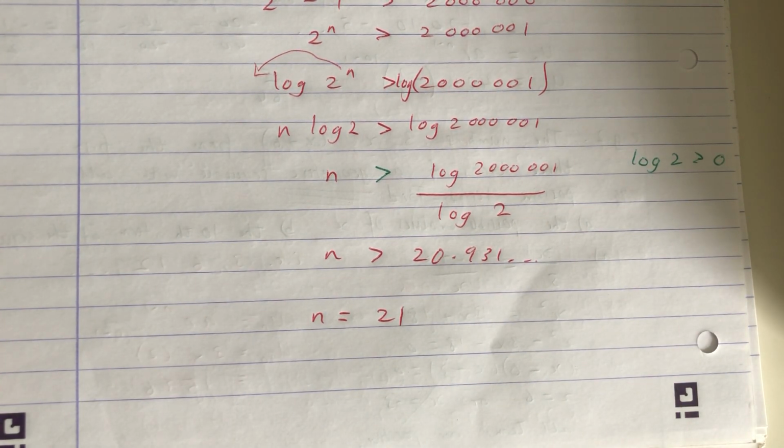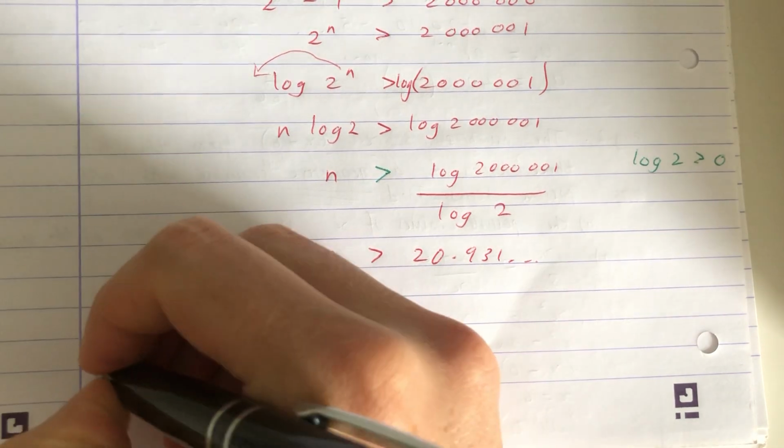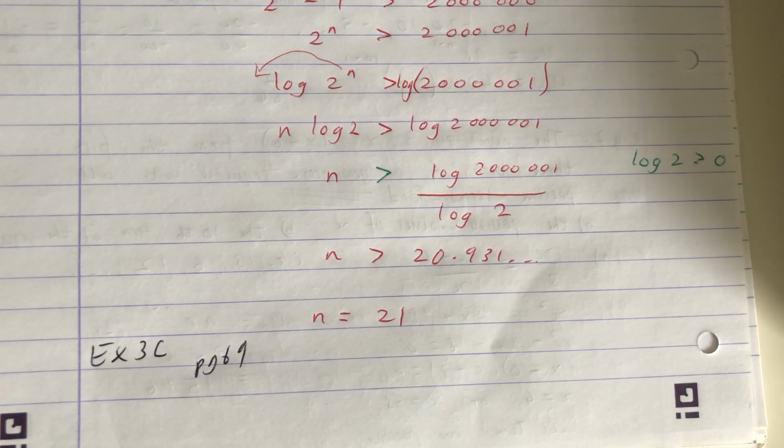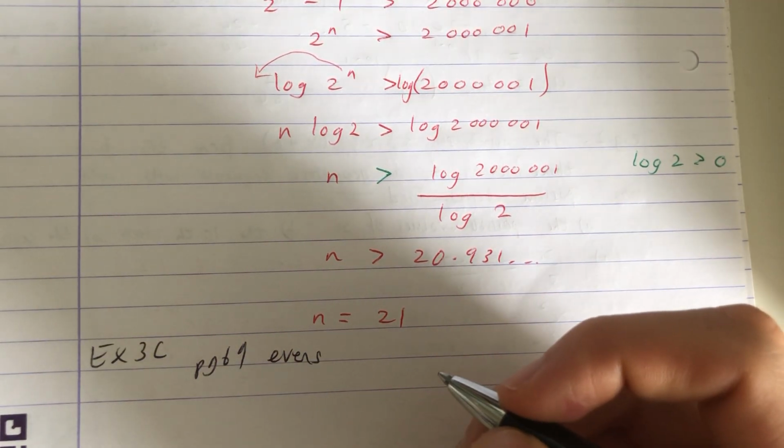Okay. Now the questions I would like you to complete, if I can find them quickly. It's going to be 2 exercises again. If you look at exercise 3C, which is on page 69, and if you do the evens, and for the questions where there's multiple parts, you can just do the even parts for those as well.